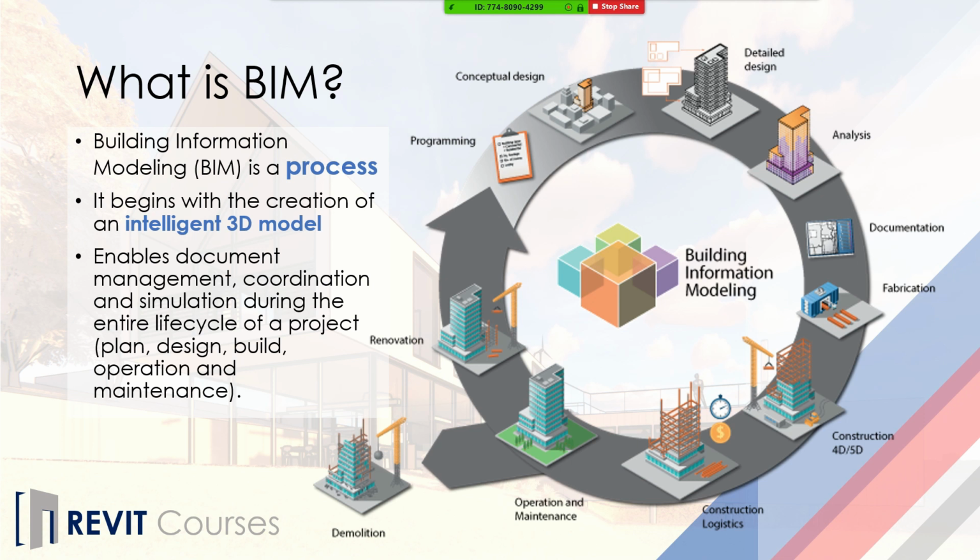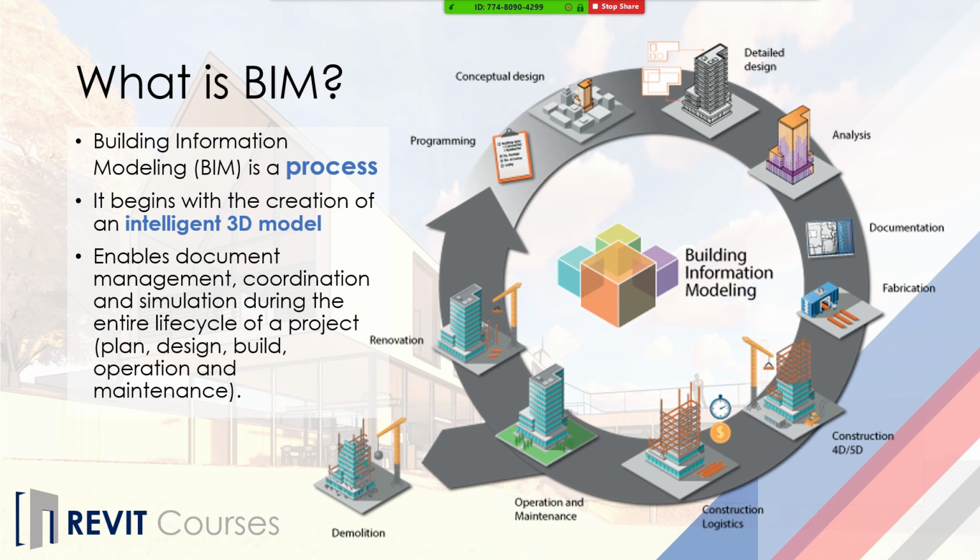The process itself starts with creating an intelligent 3D model. And what we mean by that 3D intelligent model is we've seen in the past AutoCAD. AutoCAD works with lines, and those lines are not intelligent at all. Like the program does not differentiate between a wall, a column, a window. I know that AutoCAD has evolved nowadays, but the technology itself, the CAD technology, this is how it was. It was just lines.